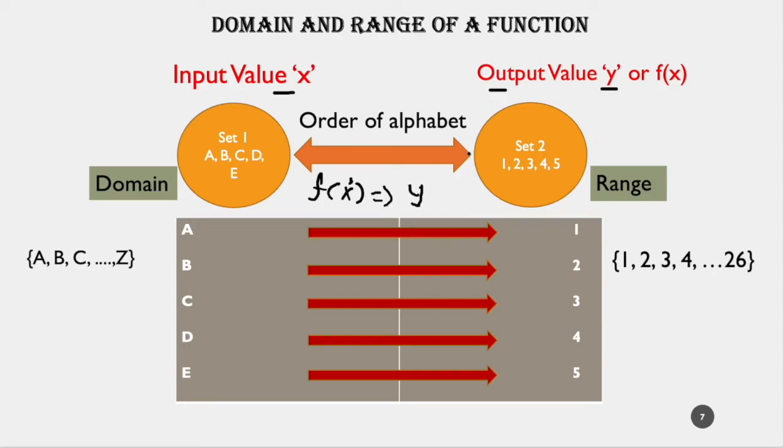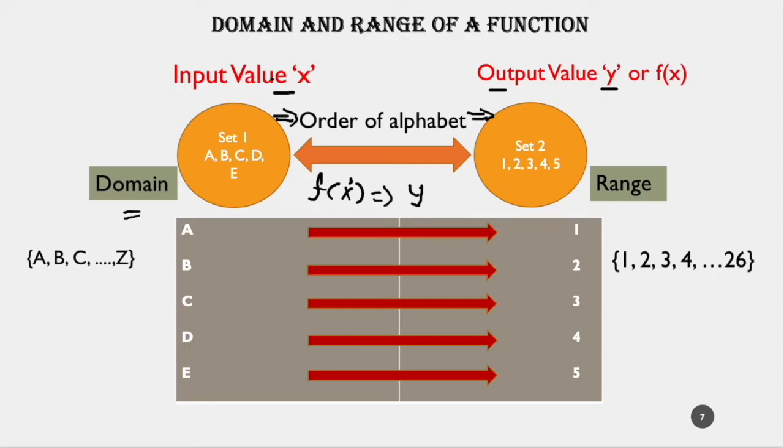So a function is something that takes each value from an input set from here and maps it to a value in the output set, that is right here. These input and output sets have special names in math.